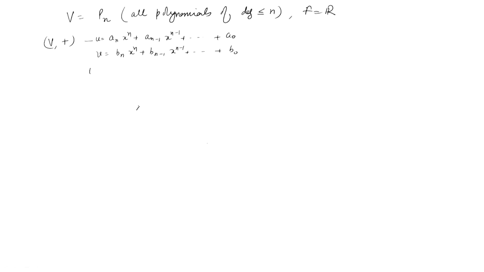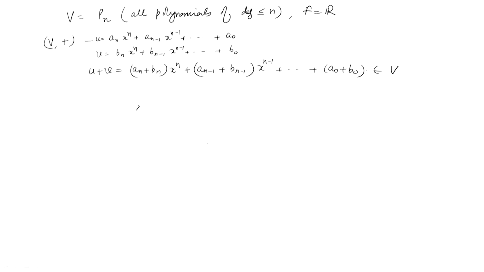Now, if you take u plus v, with component-wise addition as defined, it is something like this. Then this again belongs to V, because it is also a polynomial of degree less than or equal to n. That means closure with respect to addition is satisfied.